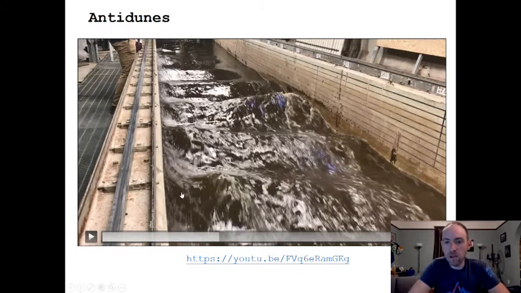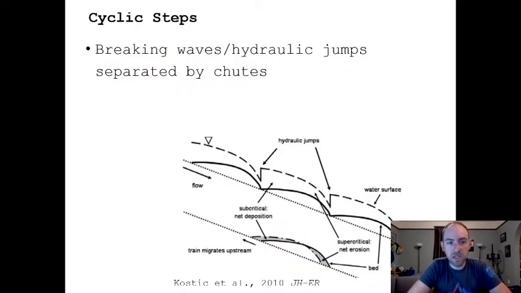And these give way ultimately to breaking waves and cyclic steps, right? So as Froude number becomes much higher, you end up with a breaking wave separating hydraulic jumps, right?